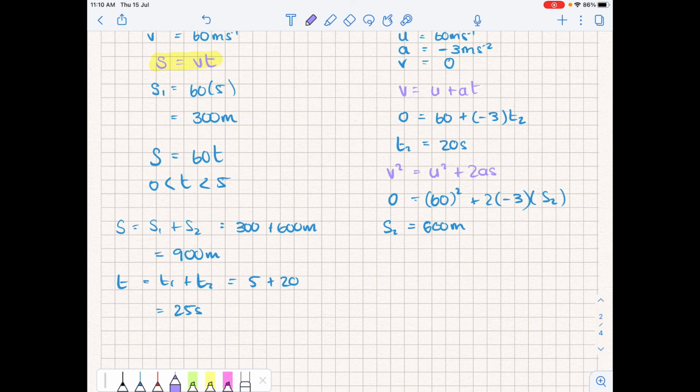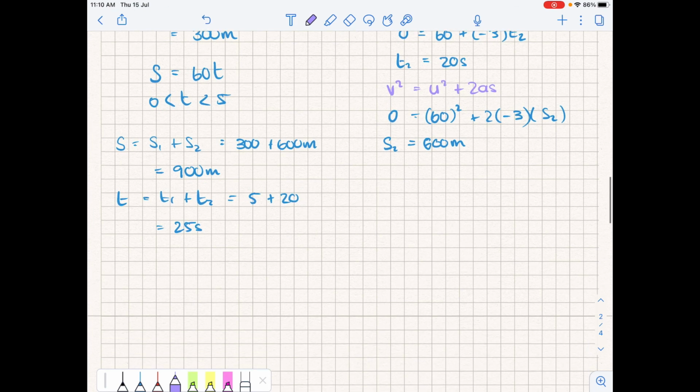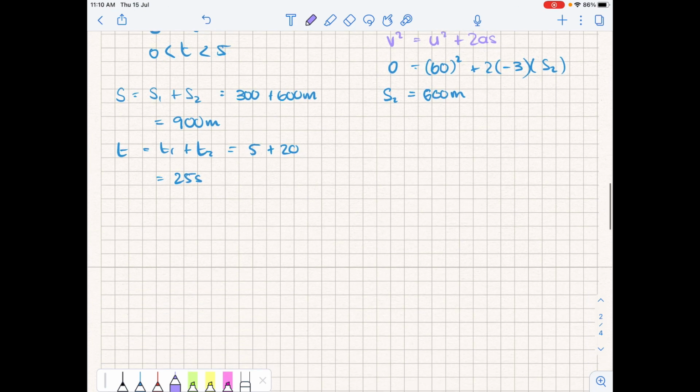Stage 1 ended at 300 displacement, after 5 seconds. So we are now trying to solve this part here. We are trying to find an equation from time 5 to time 25.